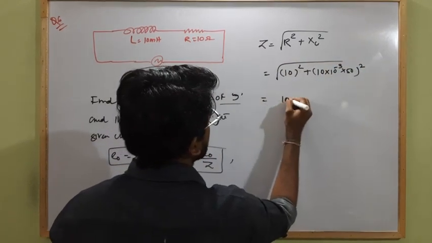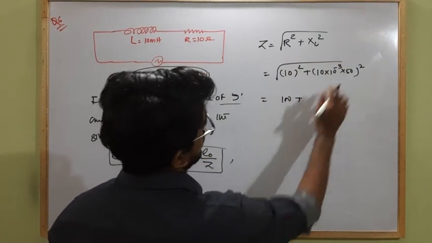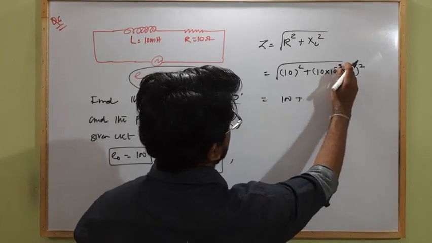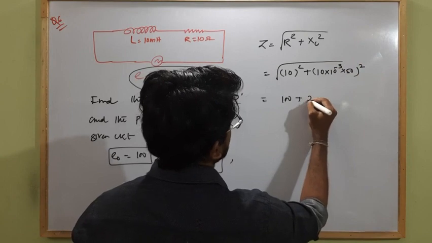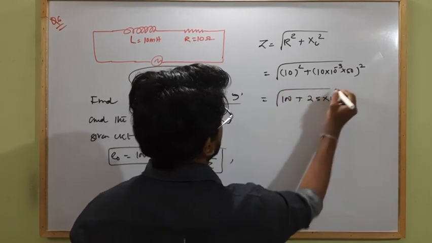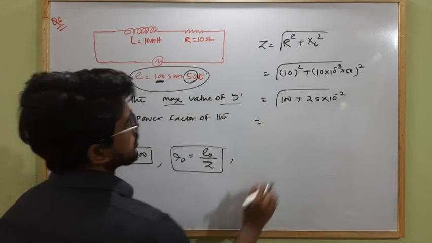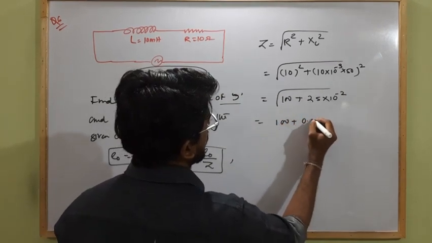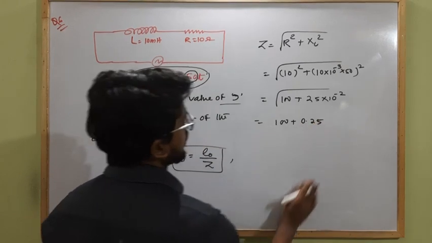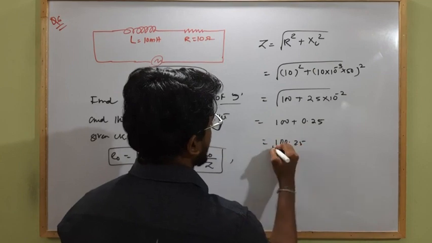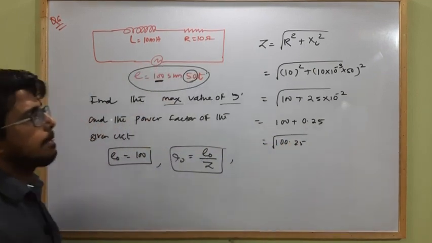So this will be 100 plus, this is how much? 500 times 10 to the minus 3 will be 5 into 10 to the minus 1. So 25 into 10 to the minus 2 under root. This will be 100 plus 0.25, so this will be root of 100.25.